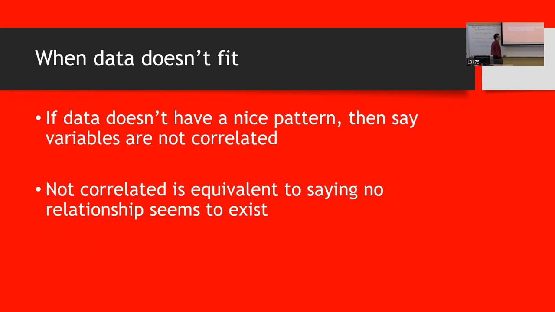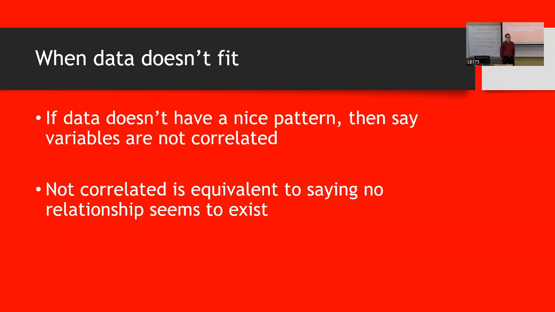And when there doesn't look to be a pattern, the language that we use is we say those two variables, the X and the Y, are not correlated. If there are nice patterns, we say the two variables, X and Y, are correlated. So the years since 1980 and the debt, we would say are correlated.